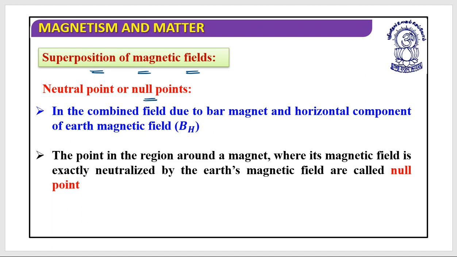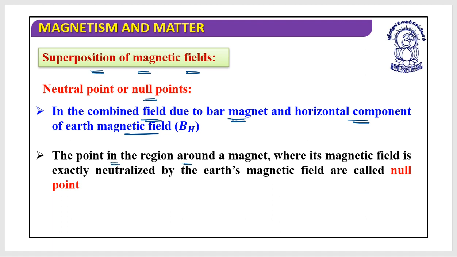So first, neutral points or null points. Let's say that in the combined field due to a bar magnet and the horizontal component of Earth's magnetic field, I have two components of magnetic field. One of them is due to the Earth's magnetic field and the other is due to the bar magnet.